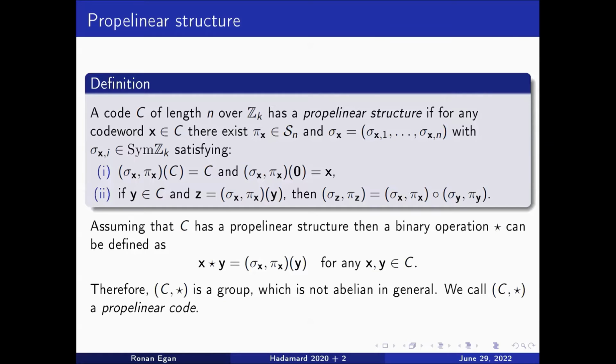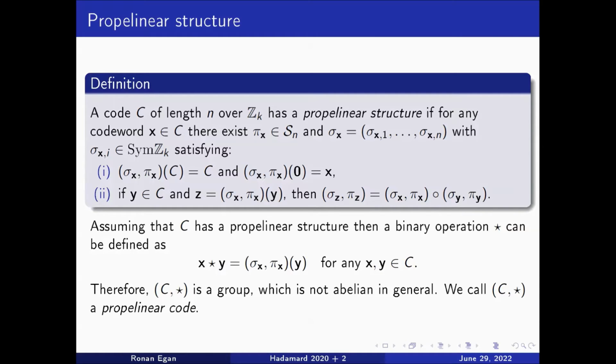So if my code has this particular structure, then this is what we call a propylinear structure. Then we can associate a binary operation with this set of code words, where this binary operation star, I compose x and y by letting the isometry associated to x act on the vector y. And this is for any pair of vectors in my code.